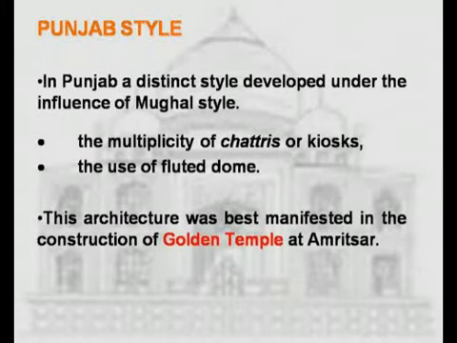Now we come to architectural style in Punjab. In Punjab, a distinct style of architecture developed under the influence of the Mughal style. It was characterized by certain indigenous features like the multiplicity of chhatris, use of fluted dome generally covered with copper or brass gilt, and enrichment of arches by numerous foliations.